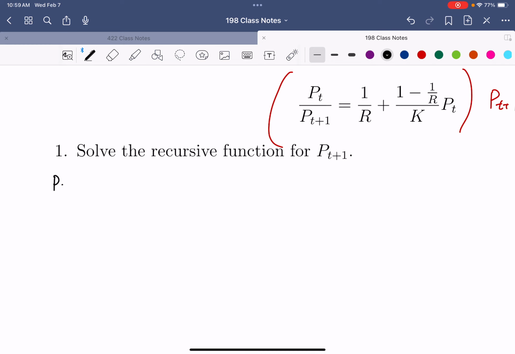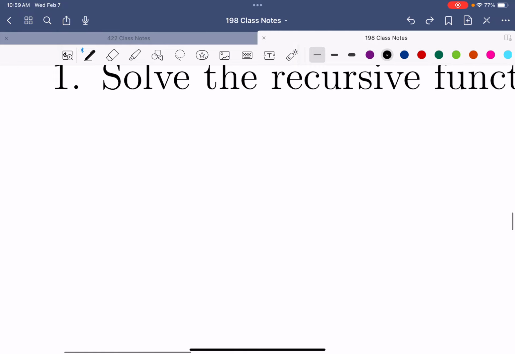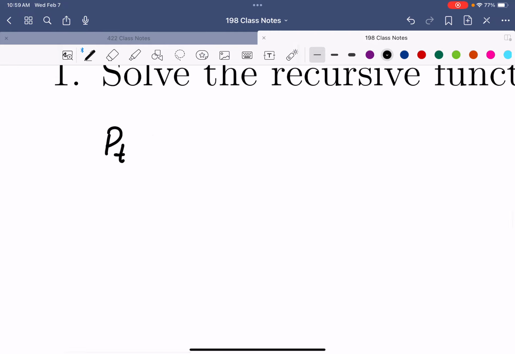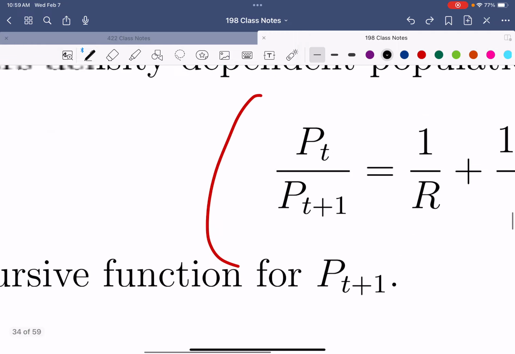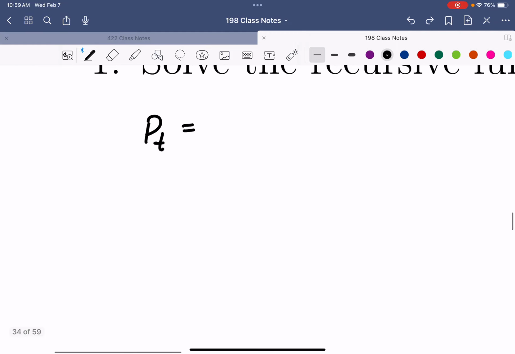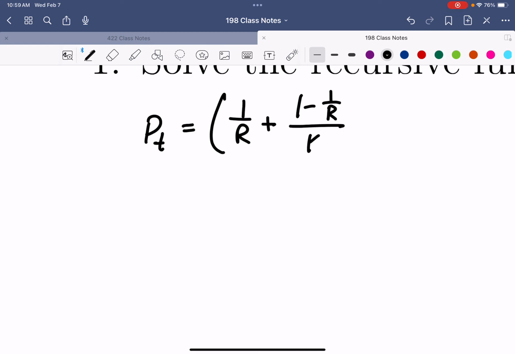I'm going to zoom in so that my handwriting is a little bit better for you. So P_t equals P_{t+1} times the 1 over R plus 1 minus 1 over R over K P_t. That's what was over there before, but we multiplied this side by P_{t+1}.